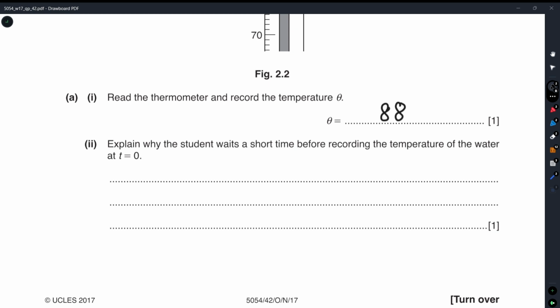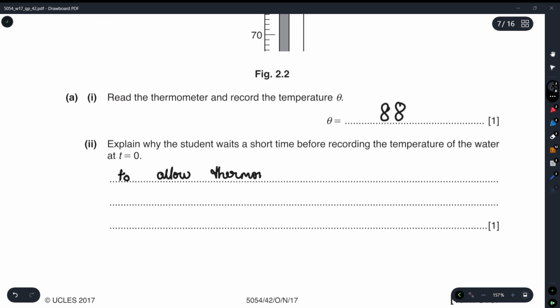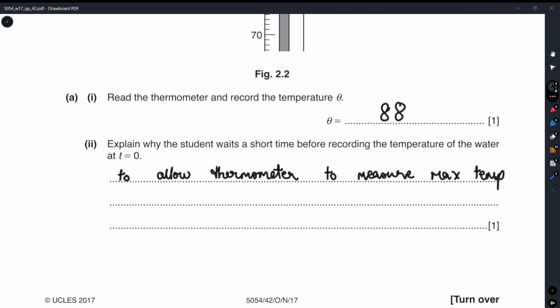So to get to the temperature of the water it's measuring, to allow the thermometer to measure the max temperature. If you have a fever and you use a clinical thermometer to measure your body temperature, it's not that you put it in your mouth and it immediately gives you the temperature.